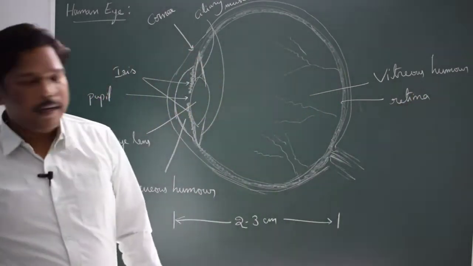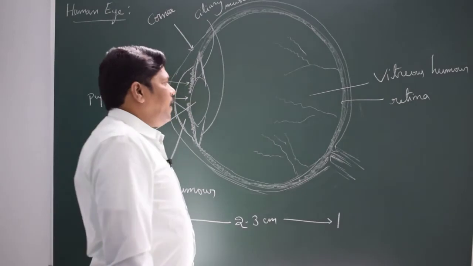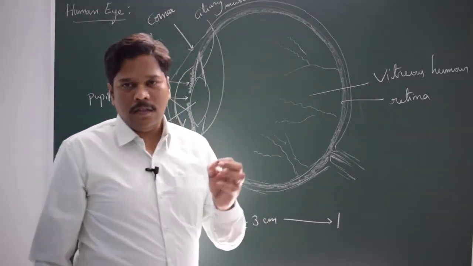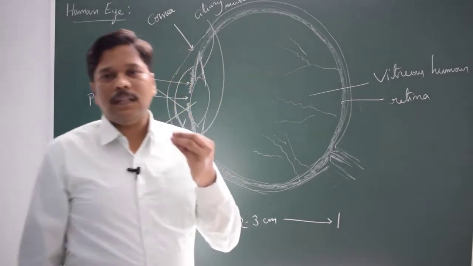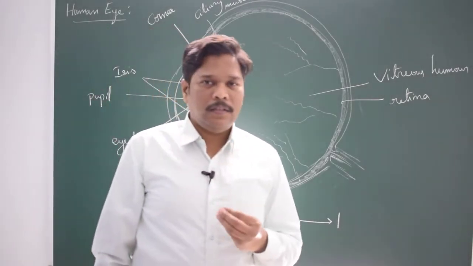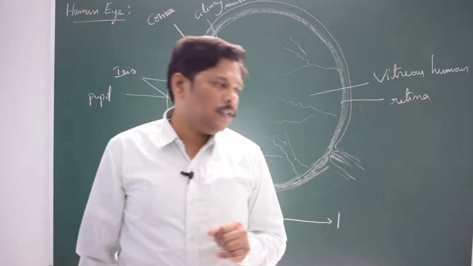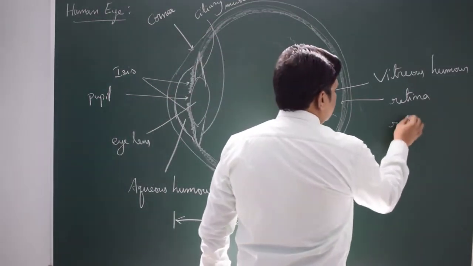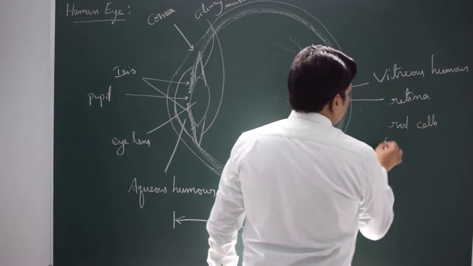This retina has a large number of cells which are called optic cells or light sensitive cells. There are two types of light sensitive cells present on the retina, the rod cells and the cone cells.